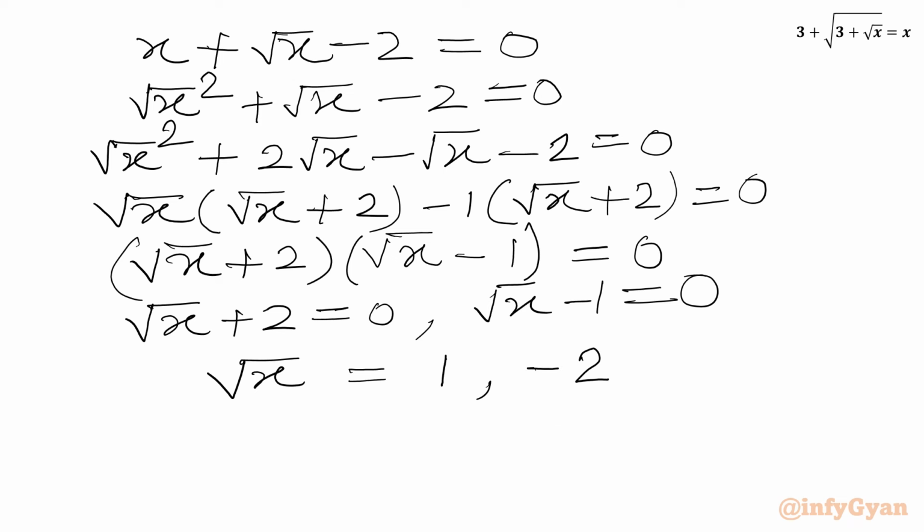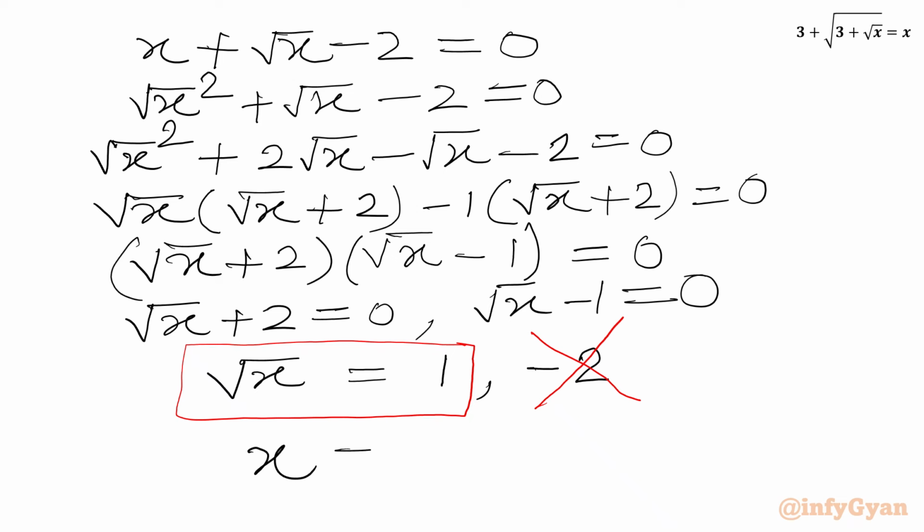Now square root cannot be negative. So on this ground we will reject minus 2. So square root x is equal to 1 we will consider, and then we will square both sides to get the value of x. So x will be equal to 1 square. So I can write x is equal to 1.